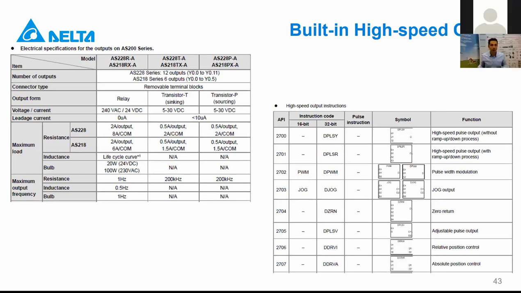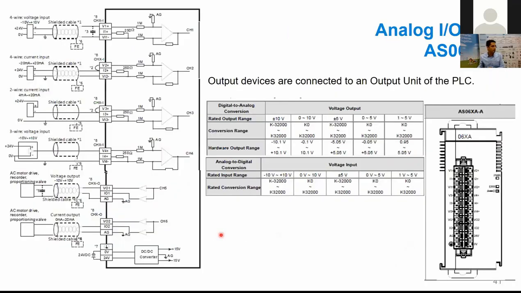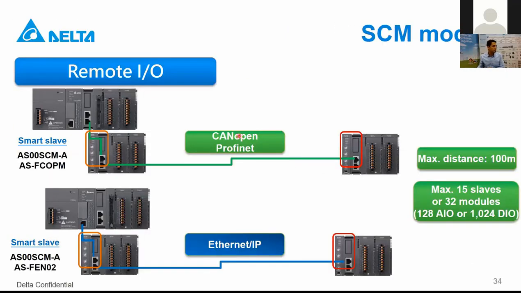Okay, so how many remote I/O modules can the CPU support? Well, it depends on, let me go back. Here, there is a maximum of 15 slaves and 32 modules. And also you need to think about the I/O points. So there are different combinations.